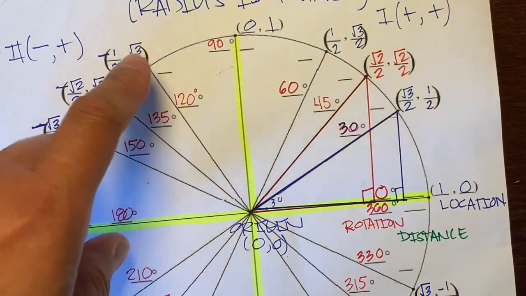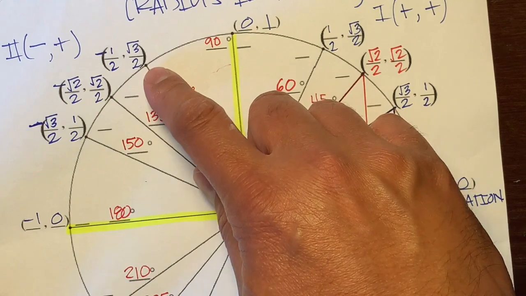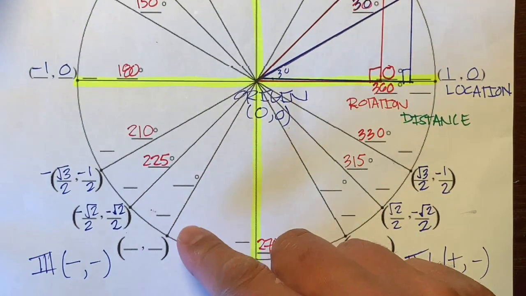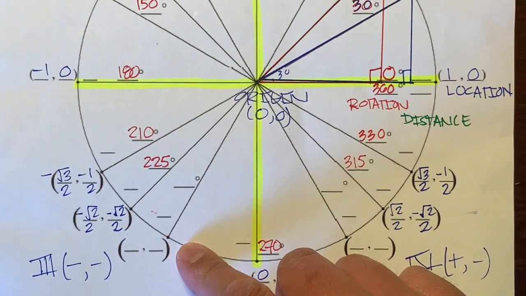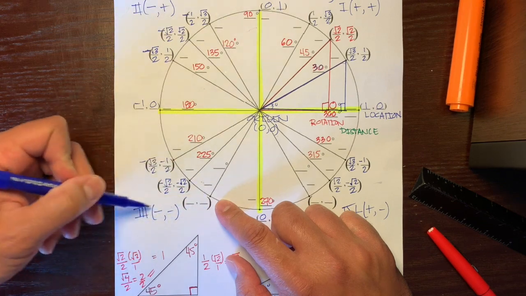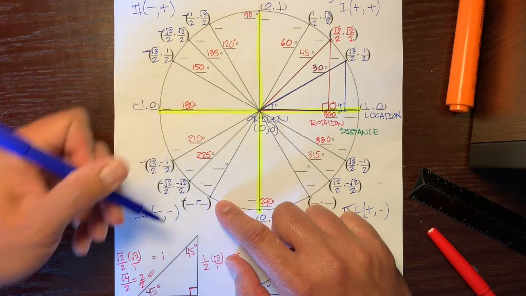Next location, if we reflected this point over the x-axis, we would end up right here on this point. And if we look at our notes, negative and a negative, so these two values would be negative.